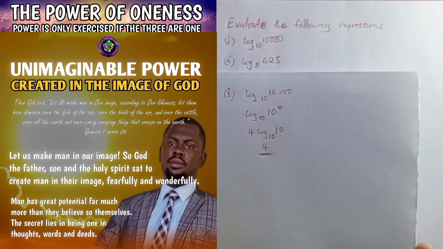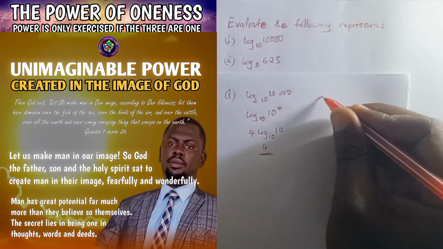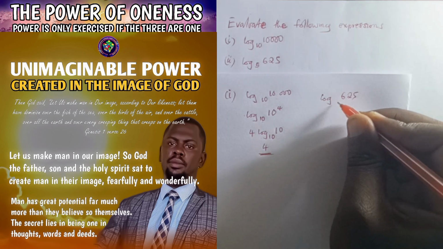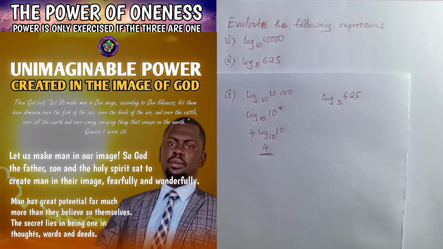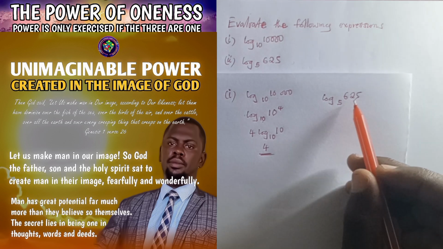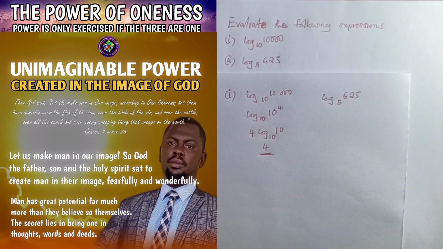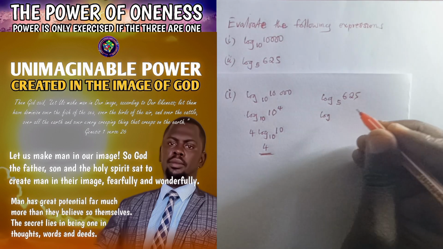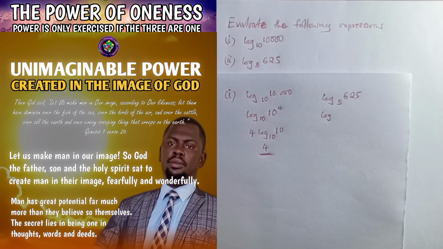In the second question, we have log of 625 base 5. Again, the idea is the same. We need to express this 625 as 5 raised to some power. How many times can we multiply 5 to get 625?